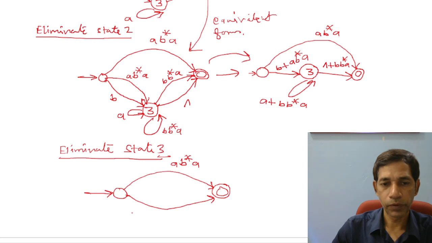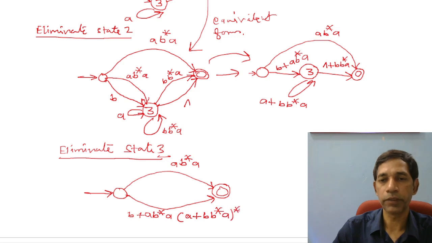We have B plus A B star A. So B plus A B star A. Then we have state 3, and at state 3 we have the loop, so you can say we have A plus B star A, and we have the loop. This is the star.